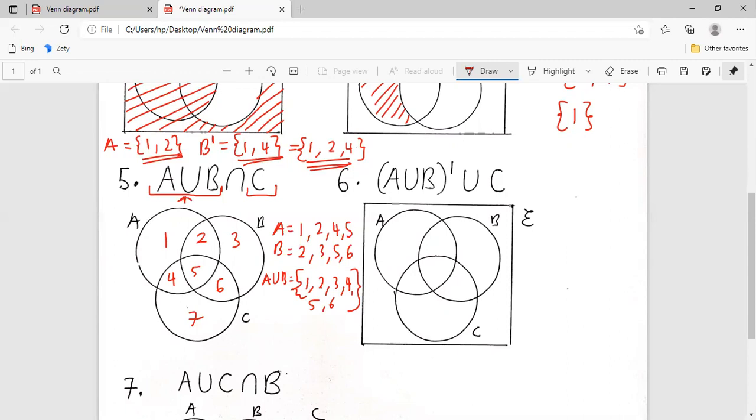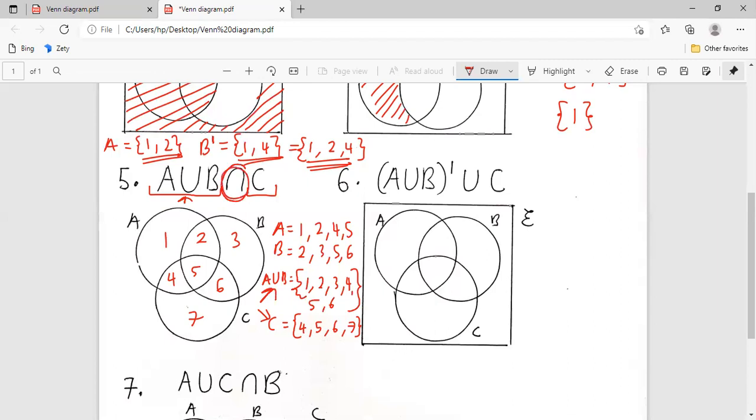This answer, we need to compare it with set C. And as we see, set C will be 4, 5, 6, and 7. But what symbol is between?